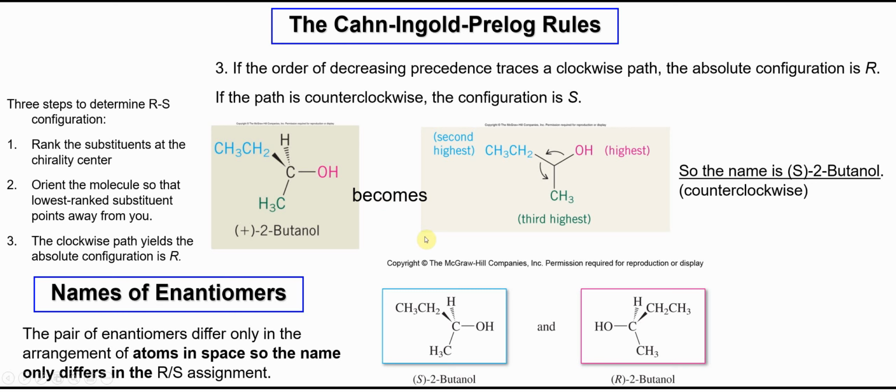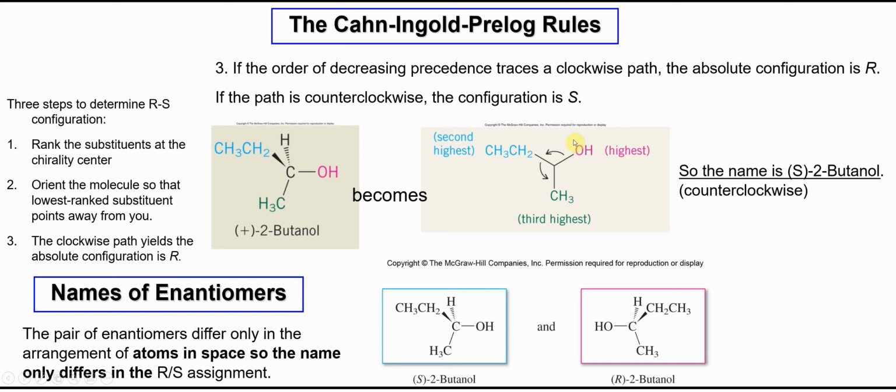For example, again, we use 2-butanol. First of all, you figure out this is my carbon, which is chiral, connected to four different groups, and your hydrogen is pointed away from you. Then you rank your three different substituents: my OH highest, my ethyl second, my methyl third.